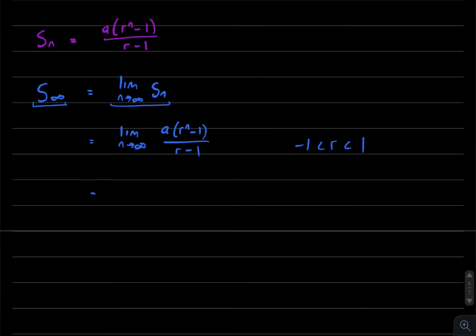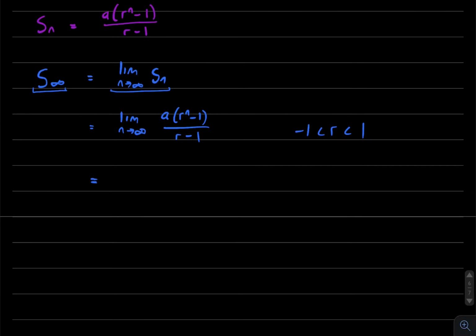So what we can think of is, what does r to the power n approach as n gets bigger and bigger and bigger? What does that approach? It should be approaching 0.